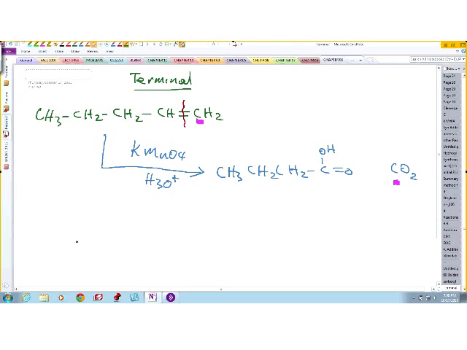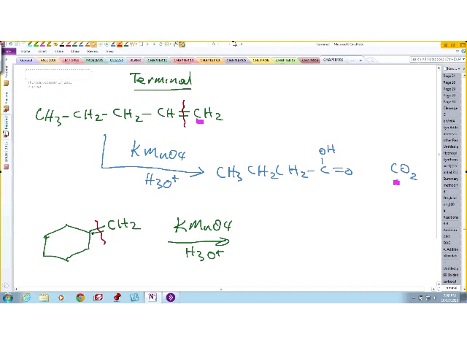For example, supposing you have this, and potassium permanganate, you are going to cleave this right here.